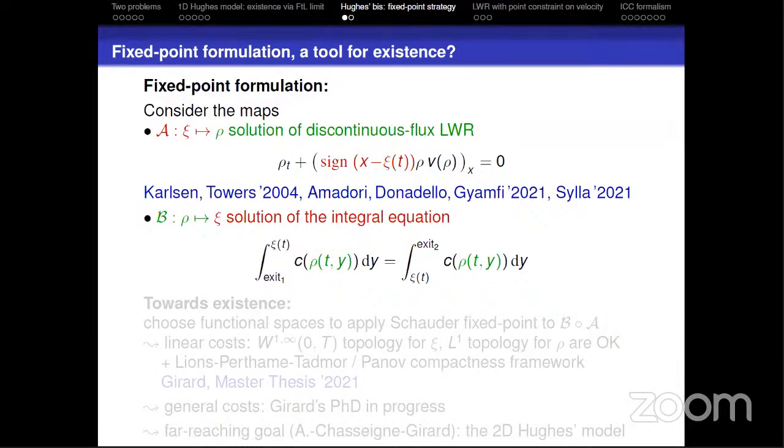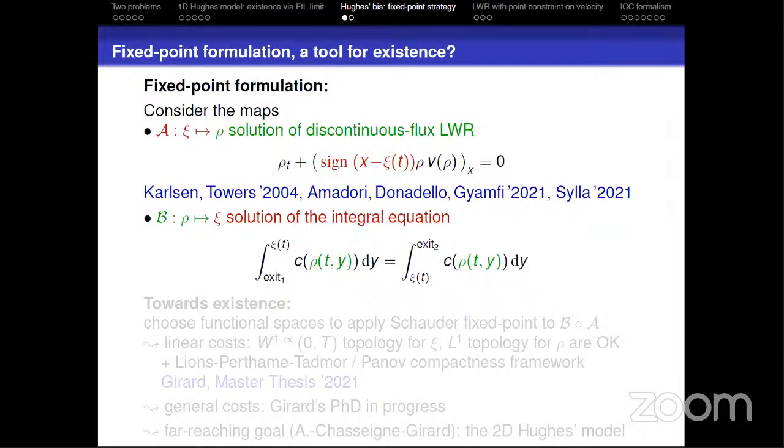Okay? So in the fixed point formulation, you just take the two ingredients of the problem, and given ψ, you define the map that provides you the solution ρ, which is continuous-flux LWR here. So here is the setting of the flux discontinuity.